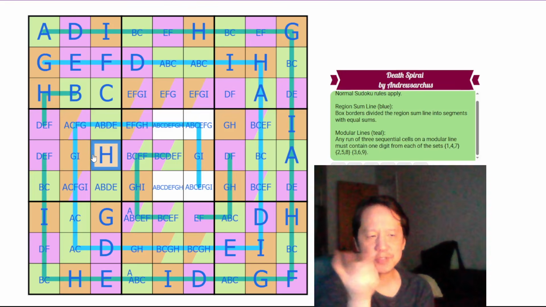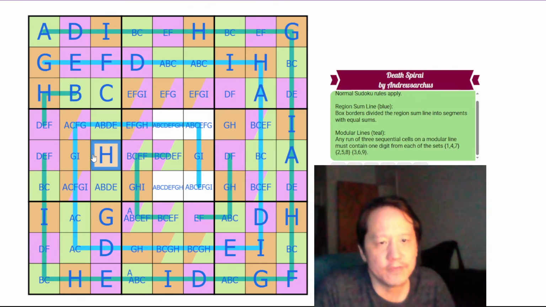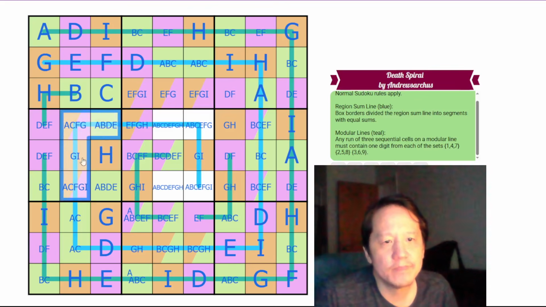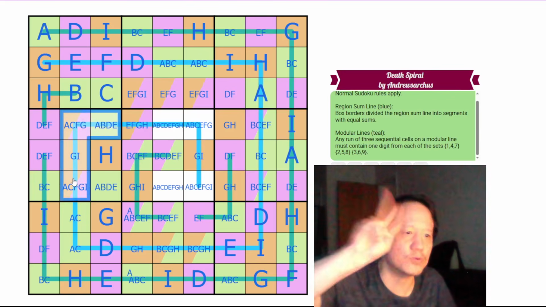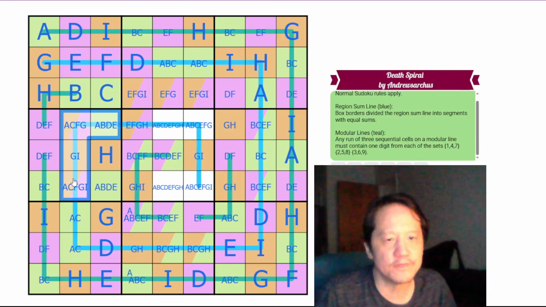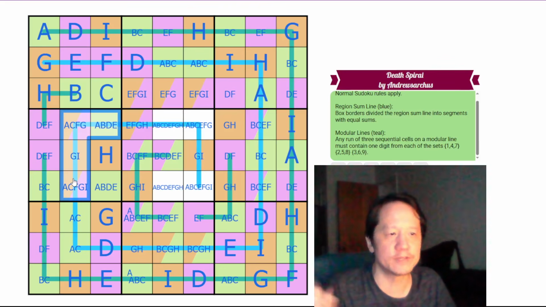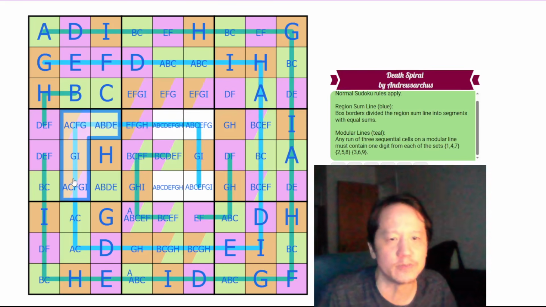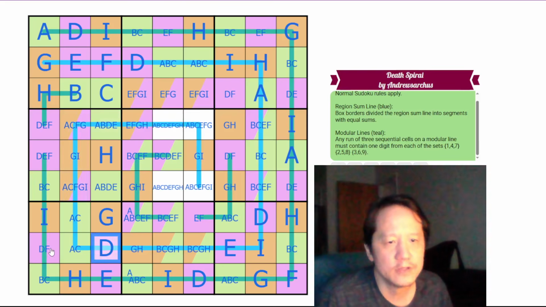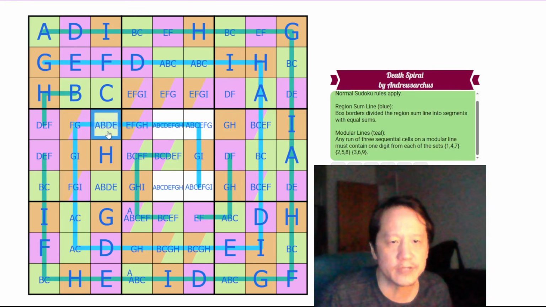Because in both scenarios, we have one pink, one green on this sum, and two oranges. If orange were 0 mod 3, then the sum would add up to 0 mod 3, which is not allowed. So we have D here. This is F. This is AC as a pair, so no AC here, no AC here.